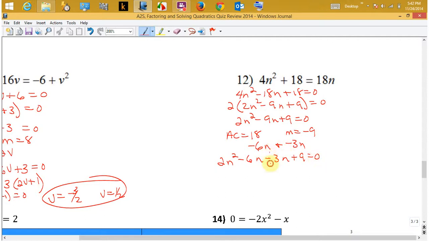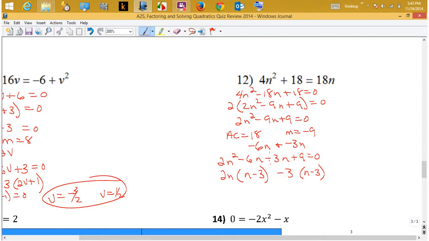Splitting it down the middle, I would have 2n times n minus 3. Now notice that I need to have an n minus 3 over here, and since this is a plus sign in the equation and I need a factor of a negative 3, I'm going to have to factor a negative out of this so that the sign will flip.